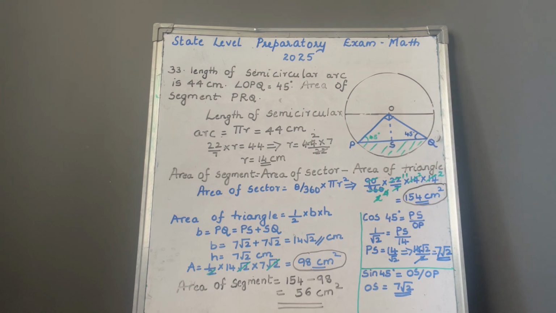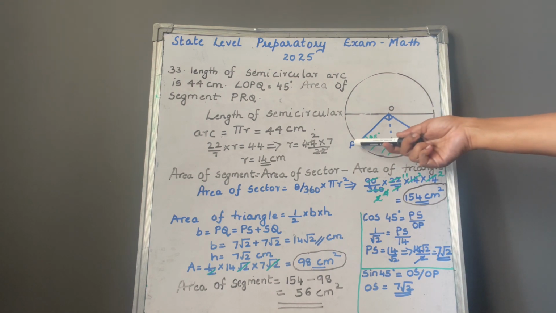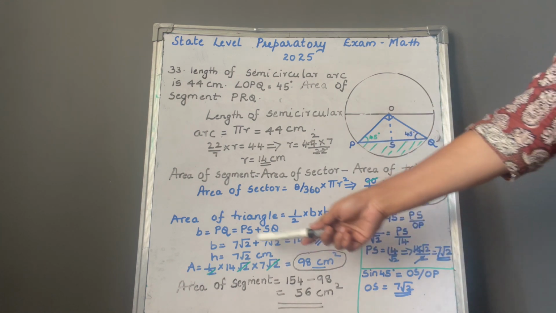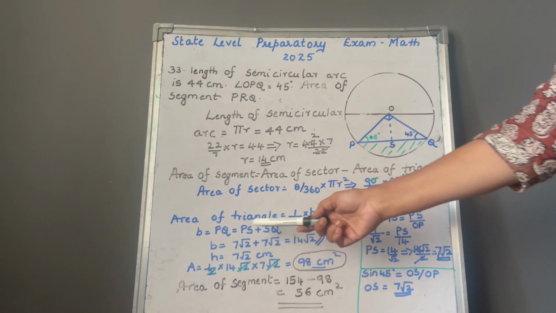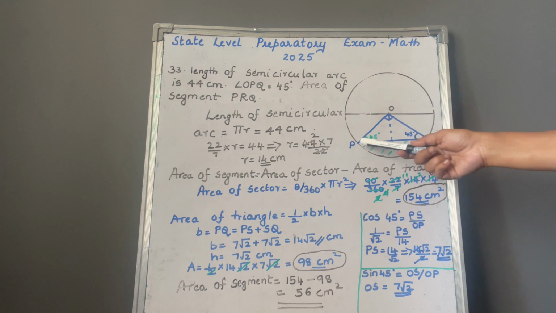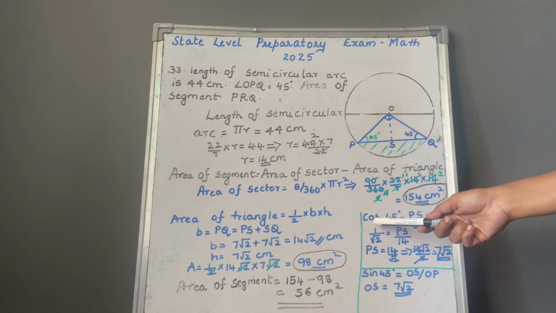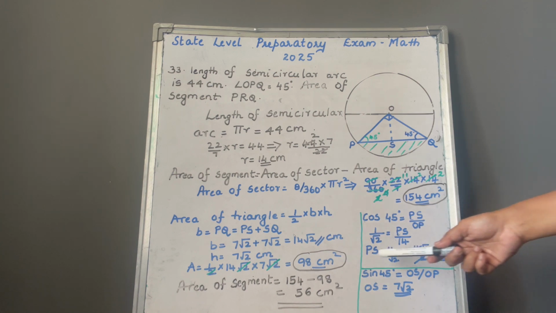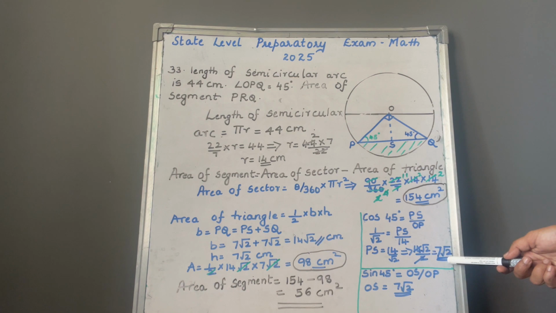So using trigonometric ratios, we can find PS, because base PQ is equal to PS plus SQ, and PS and SQ are equal. To find PS, we can take cos 45, which is adjacent by hypotenuse, or PS by OP. So we get PS is equal to 7 root 2 centimeters.